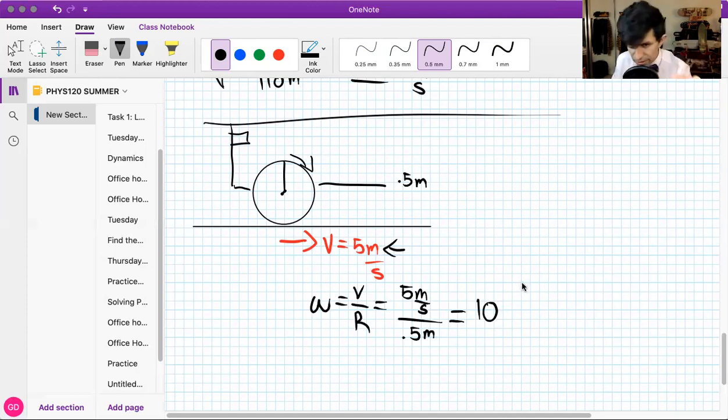And the reason why I'm trying to write this whole thing out is because the units are going to be really useful, to understand what kind of units we get with this new angular concept. So there's meters on top, meters on the bottom, they cancel out. And then what you have left over in the denominator is the S. And so you have seconds. And then you may be wondering, what do we put on top? It's 10 blank per second.